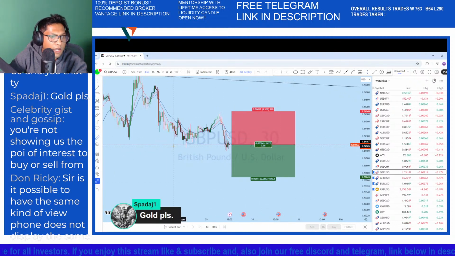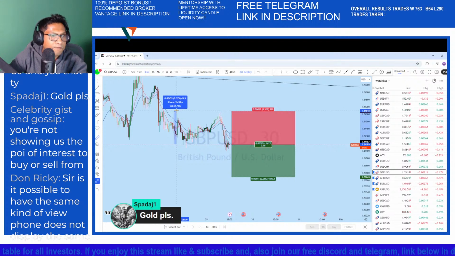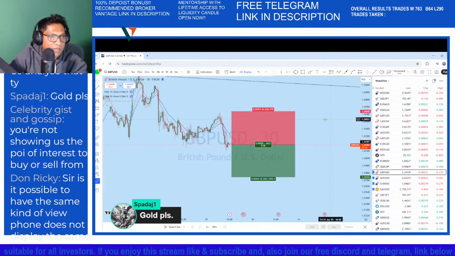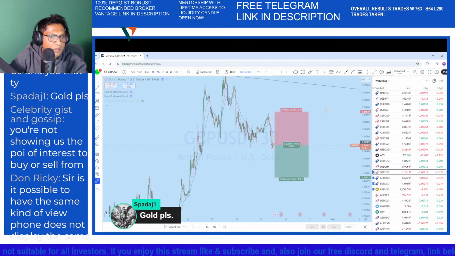So if we look at British pound US dollar here, this is a 46 pip potential.